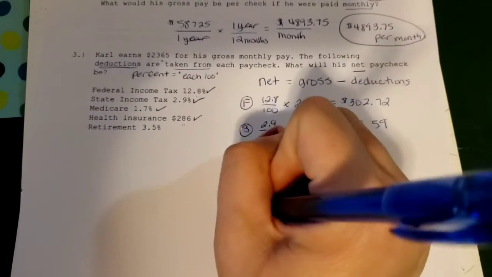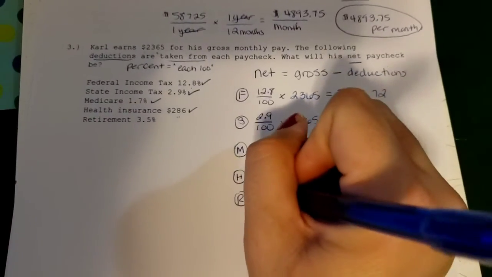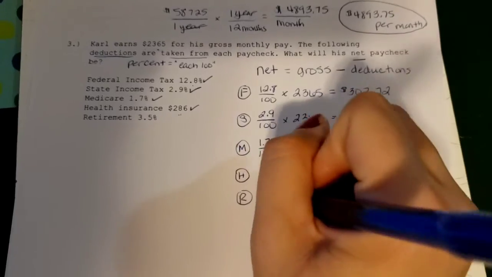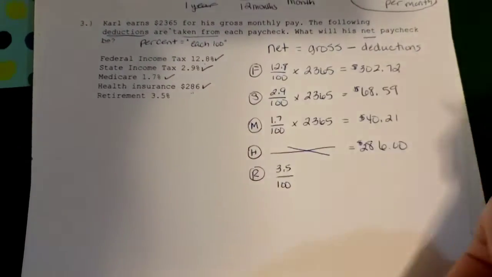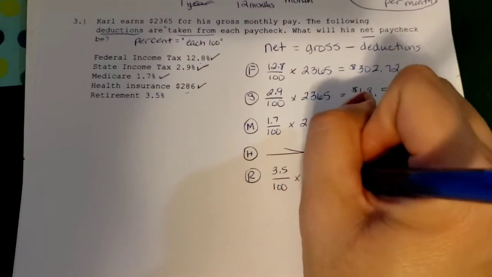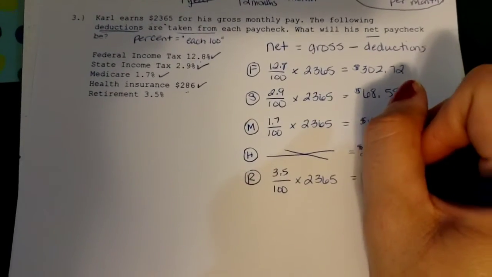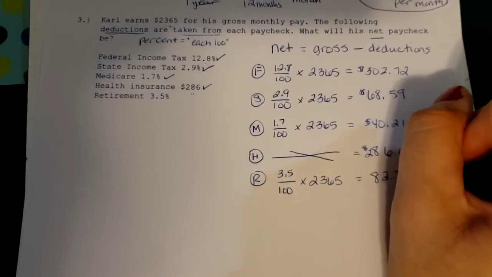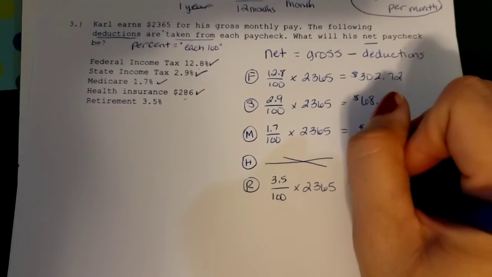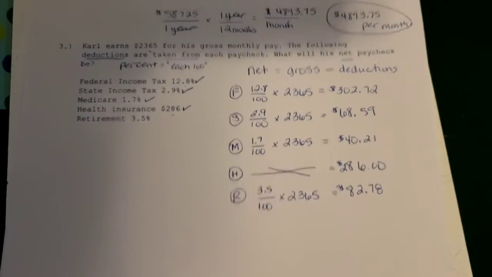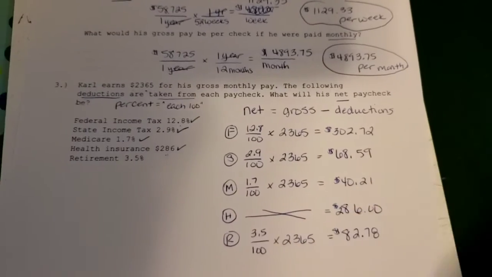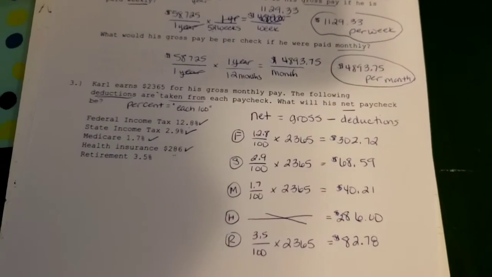Here's an R for retirement. Once again, convert the percent to a decimal and multiply by his paycheck. That gives me the total for retirement of $82.78. So these are each of Carl's individual deductions.